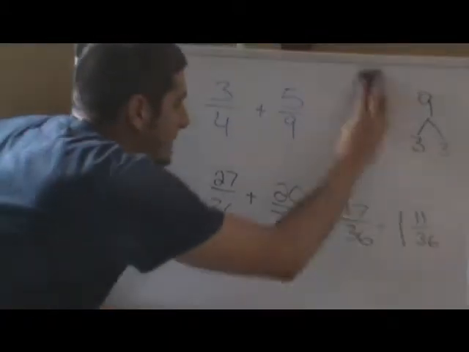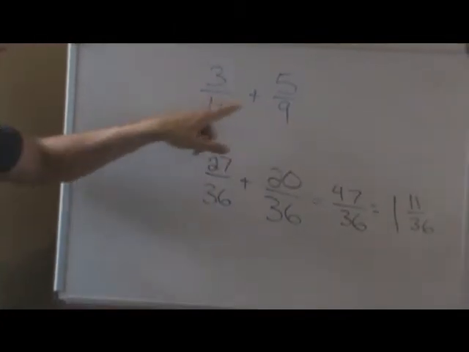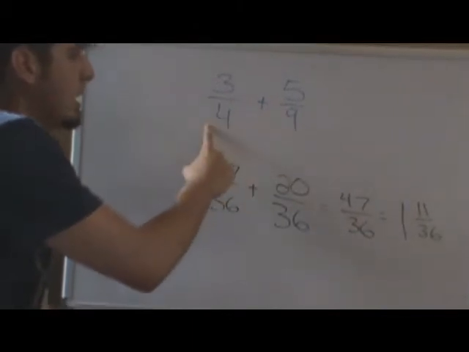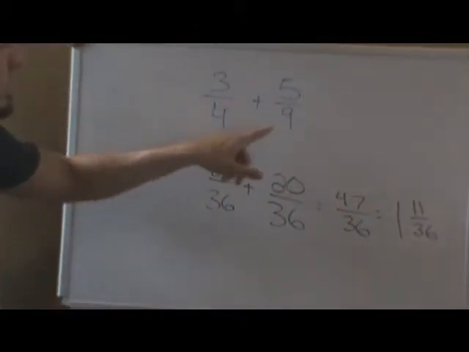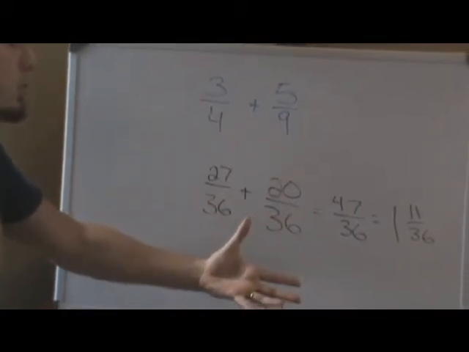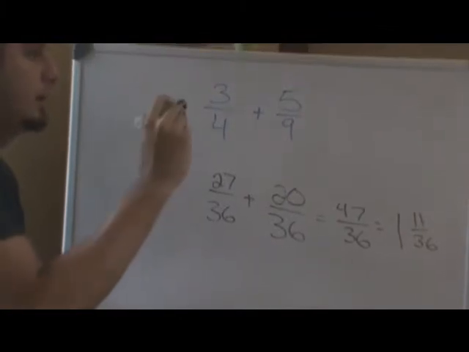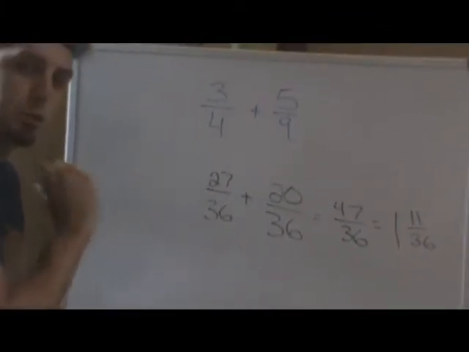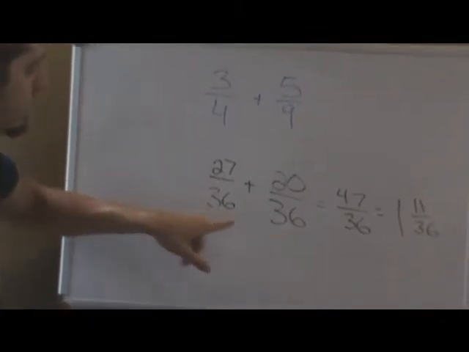So just to recap real quick, I found the LCD, or the lowest common denominator, of these two fractions by actually finding the LCM of the two denominators. To find the LCM, I found the prime factorization of the two numbers, crossed out and circled the pairs of numbers they had in common, crossed out the bottom one, then multiplied what's left over, and I ended up with 36.